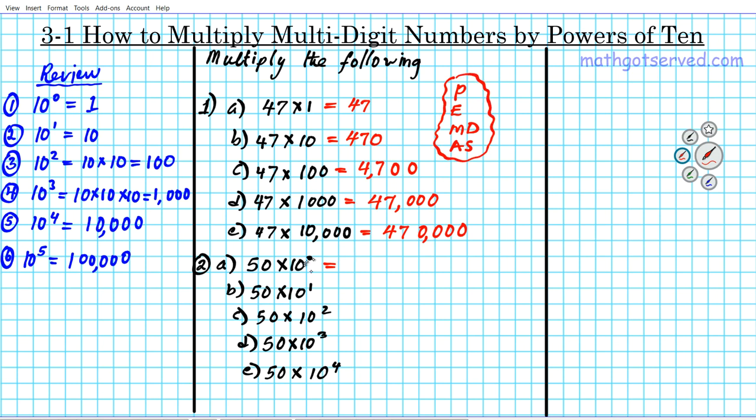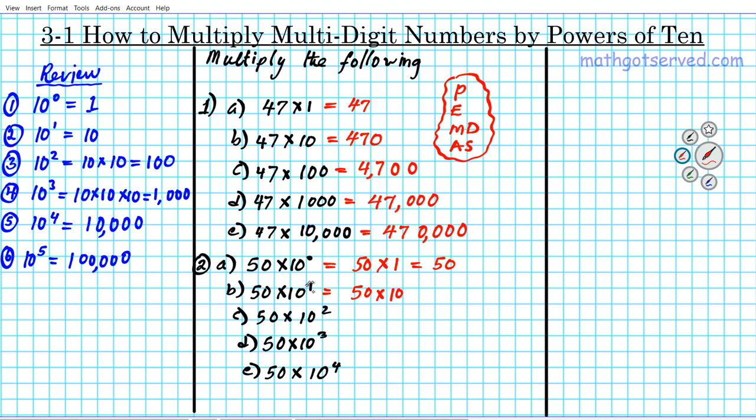All right, so if we do the exponent part first, 10 to the 0 is going to be 1. We talked about that earlier in section 1.1. So this becomes 50 times 1, all right? And then 50 times 1 is just 50, the multiplicative identity. All right, 50 times 10 to the first is going to be 50 times 10 in expanded form.